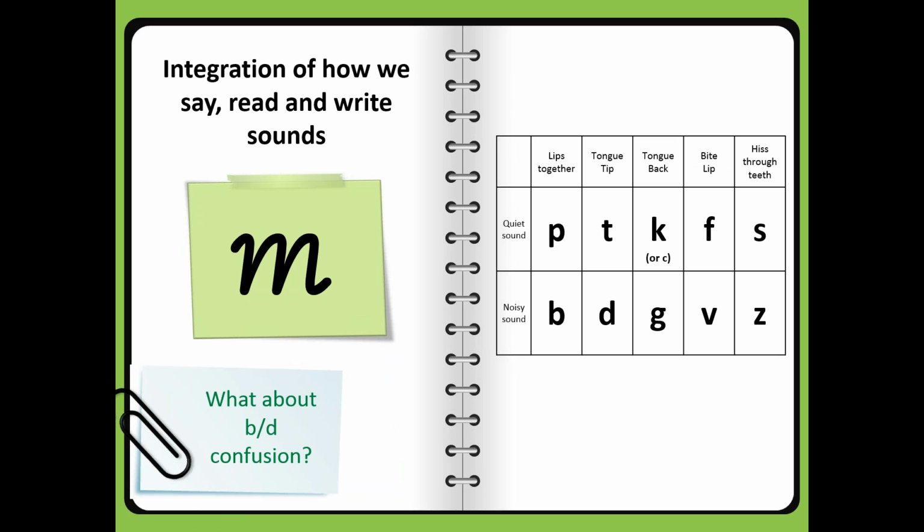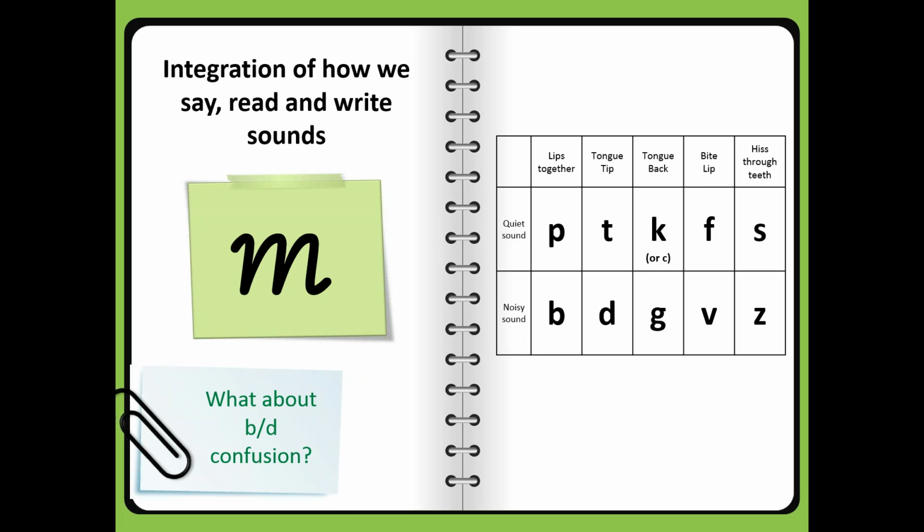When we make this sound, our lips are in a straight line. When we write this sound, the first line we make is a straight line. This also works for B and D. B is made with a straight line and D is made with round lips, which also reflects the first line or circle in the letter.